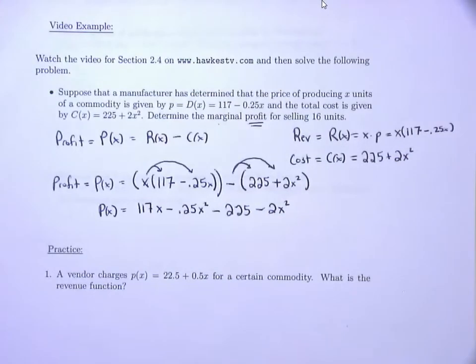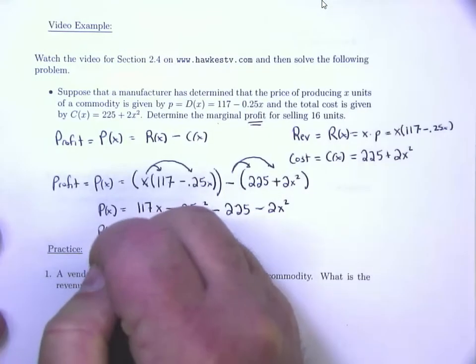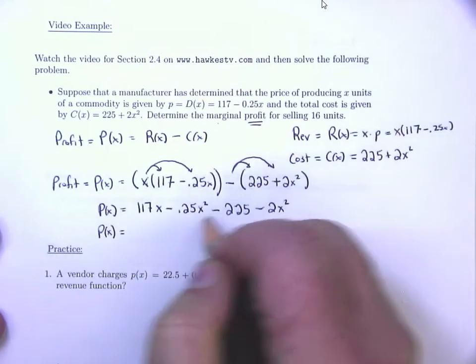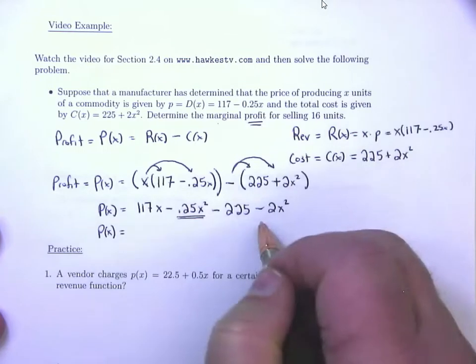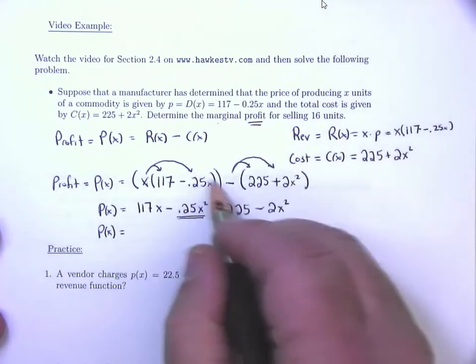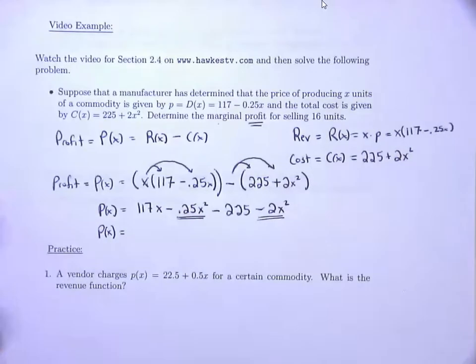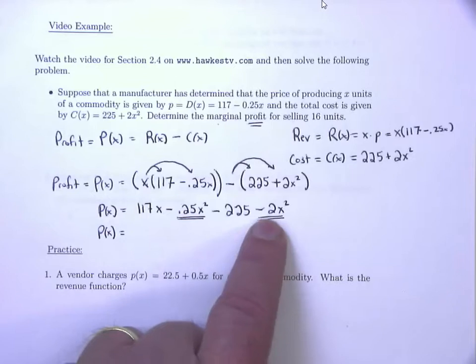Let's combine like terms here. So this means my profit equation is, well, let's see here. What is negative 0.25x squared? Is that the only x squared I've got in here? No, there's also minus 2x squared, here it is. What is negative 0.25x squared minus 2x squared?